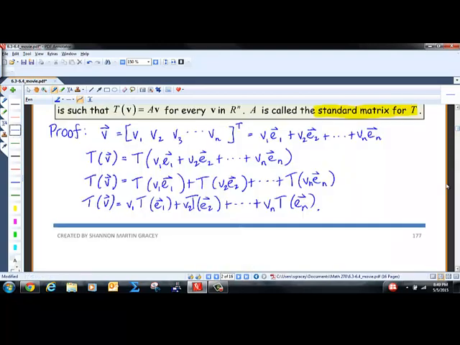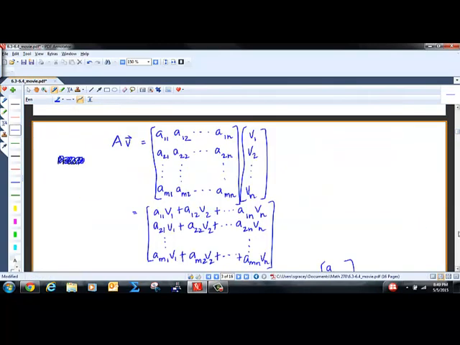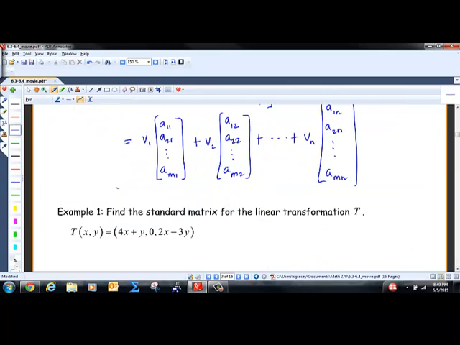So if we go back here, we can say this is equivalent to V1 times T of E1 plus V2 times T of E2 all the way down to Vn times T of En.